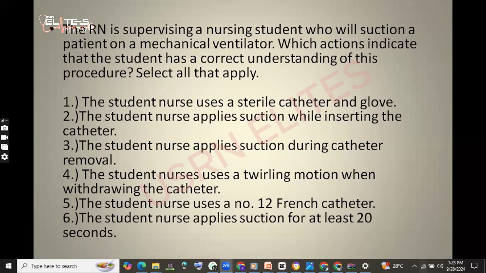The first one, read it for us. The student nurse uses a sterile catheter and glove. Let's consider that one first. We are doing this together, okay? Do we think it's part of the answer? Should we use sterile gloves?